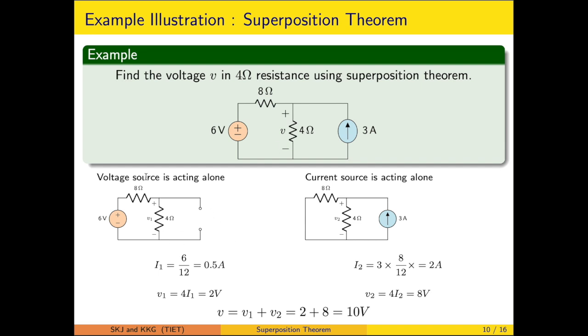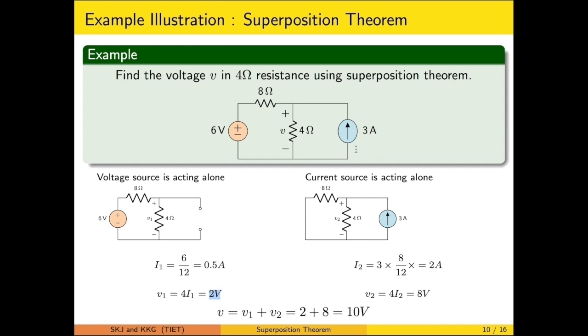When the voltage source is considered to be acting alone, the current source is open circuited. Correspondingly, the result is a simple circuit just like a potential divider. So the voltage across this is calculated, and we designate it as V1. That comes out to be 2 volt.